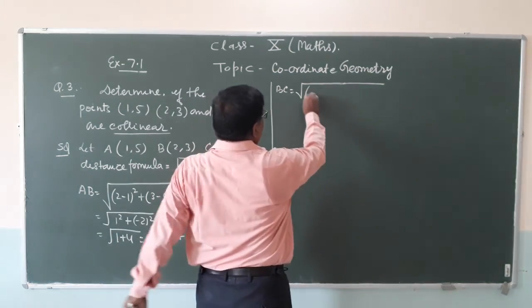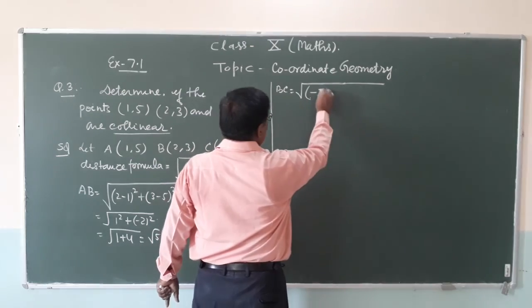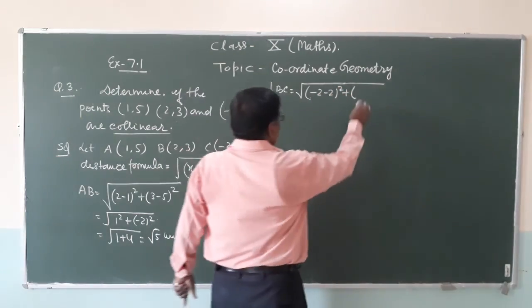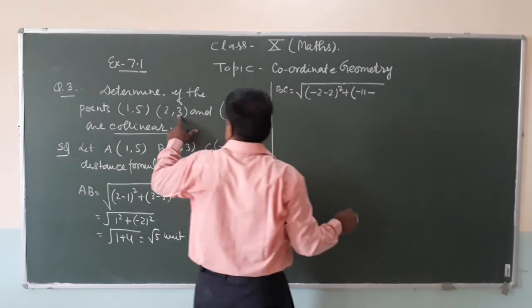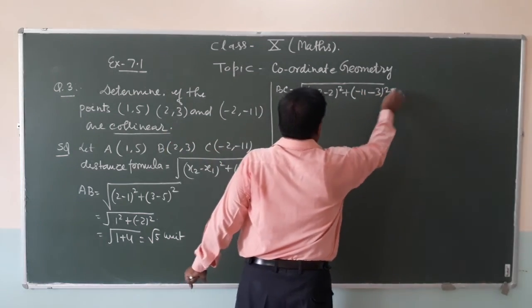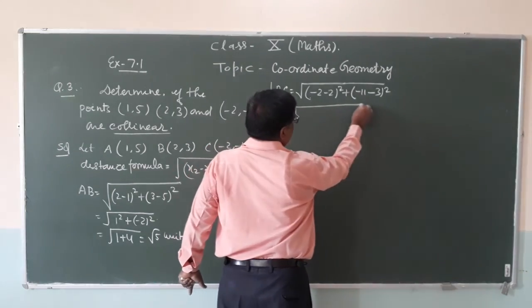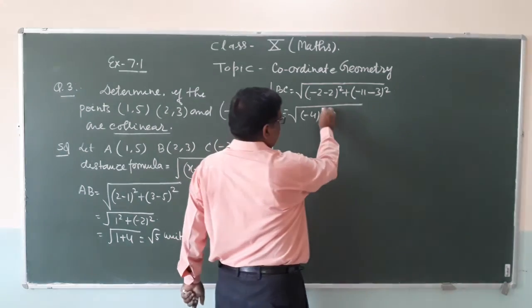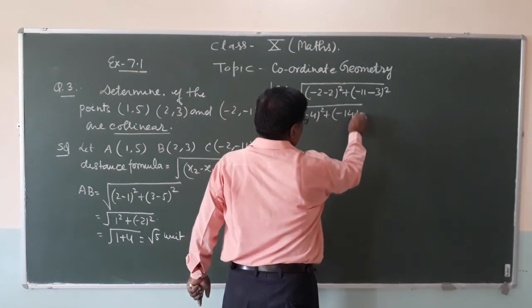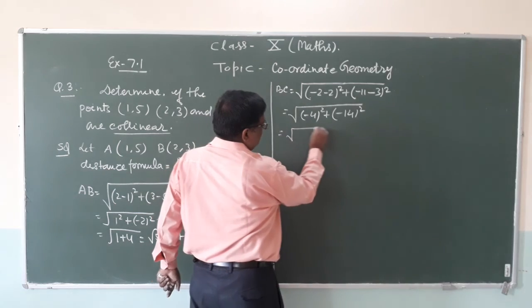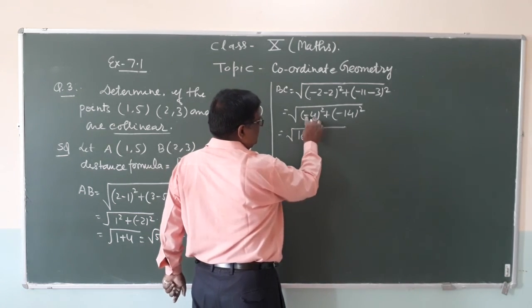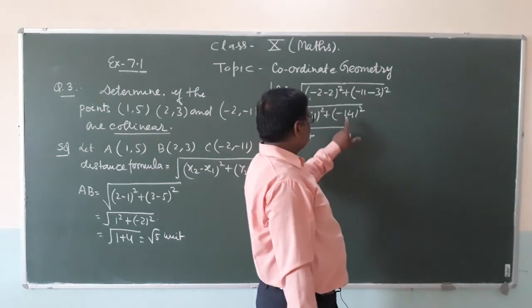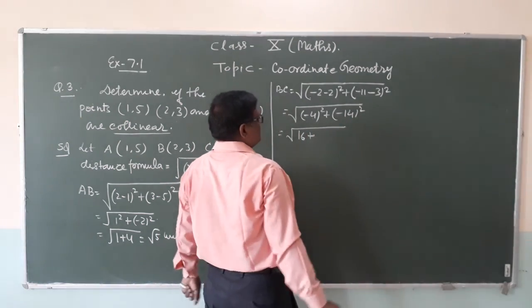So write x2 minus x1, that is (-2 minus 2) squared, plus y2 minus y1, that is (-11 minus 3) squared. Now this can be written as (-4) whole square plus (-14) square, that is root of 16 plus 14 squared.